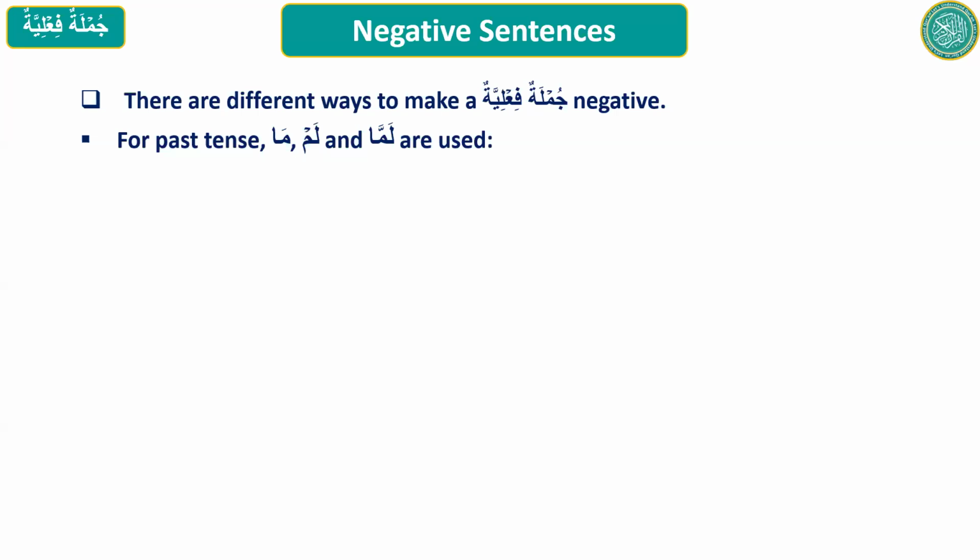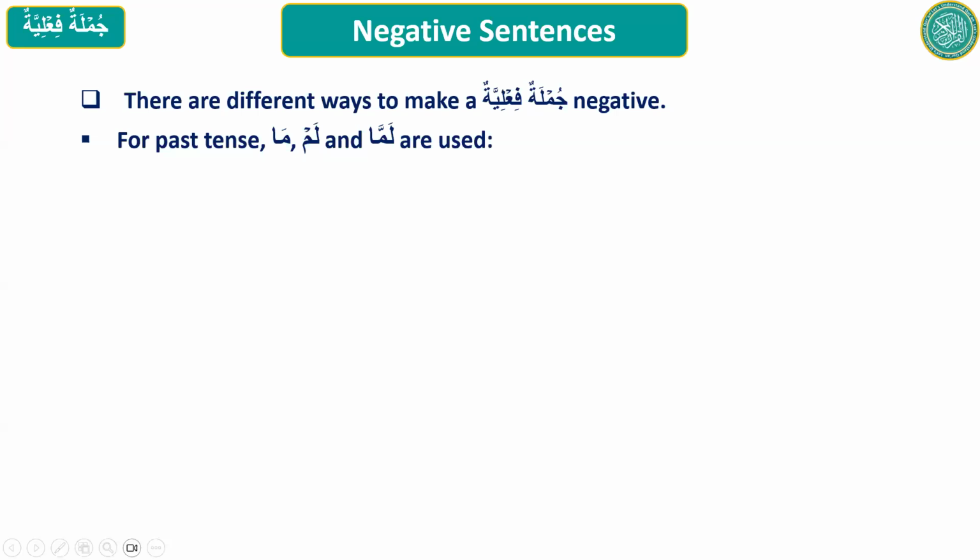For past tense, we could use ma or lam or lamma, any of the three. The first two especially. The third one gives us a special meaning, so that is used as well, but rarely. So ma, lam, and lamma are the three words which are used for past tense negation.